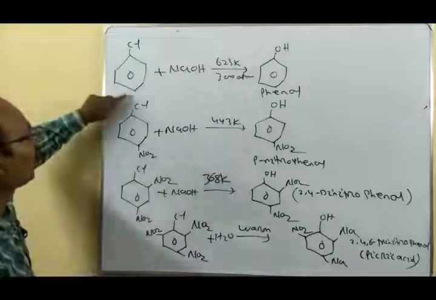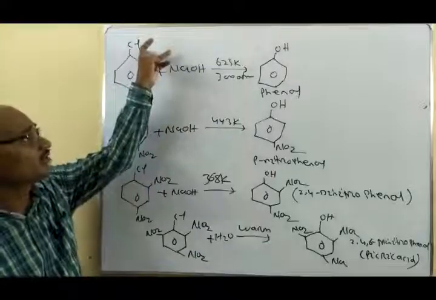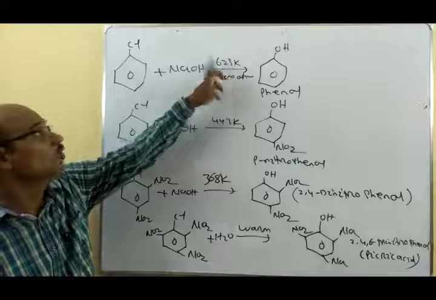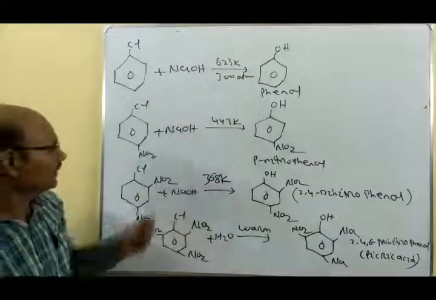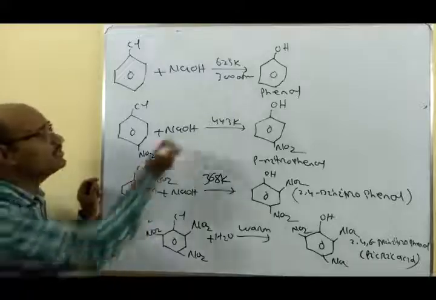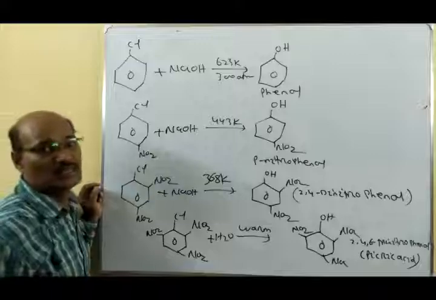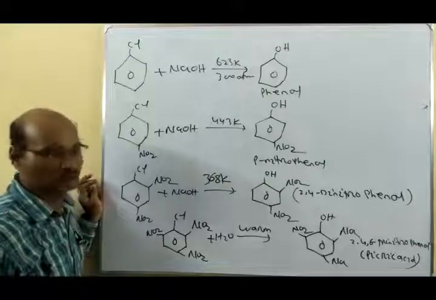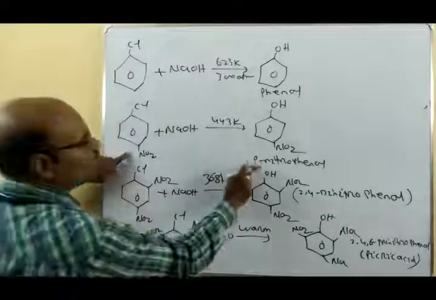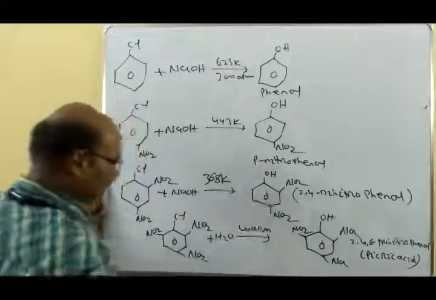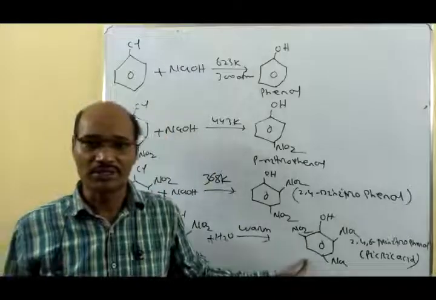Whereas when we do not have any electron withdrawing groups, it requires 623 Kelvin to be replaced by OH. And this temperature decreases with increasing number of electron withdrawing groups. So this indicates how the reactivity of halogen is enhanced by the presence of electron withdrawing groups. Simply here we are getting phenol, here para-nitrophenol, 2,4-dinitrophenol, and 2,4,6-trinitrophenol, also called picric acid.